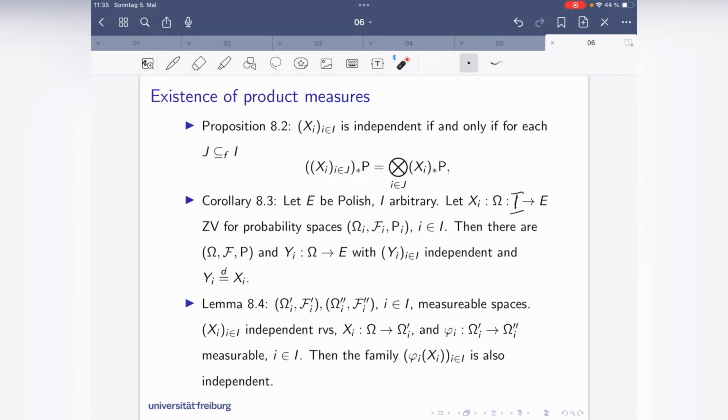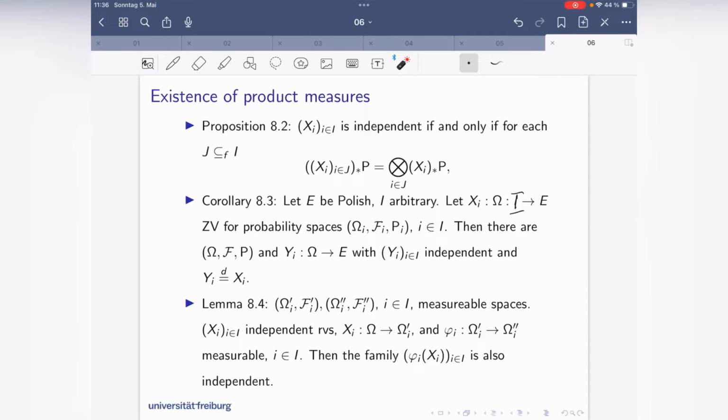So can I construct a very complicated probability space so that all the Xi's here, which are identically distributed, become independent? And the answer is, well, if they have values in a Polish space, then yes, that's possible, no matter how large the I here is. So that's a positive answer.